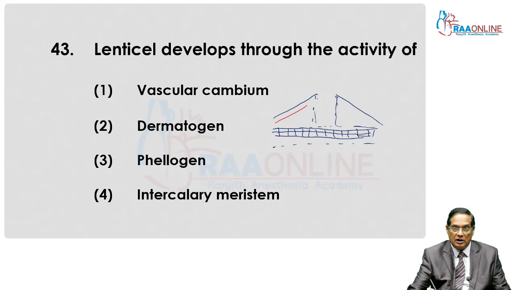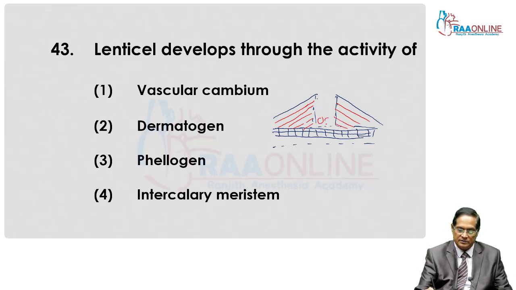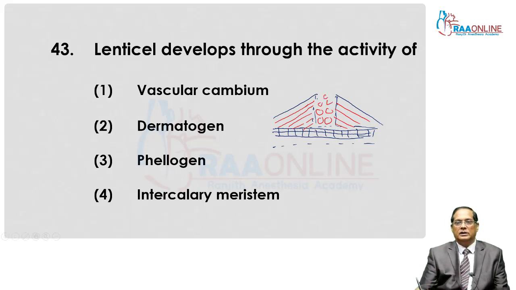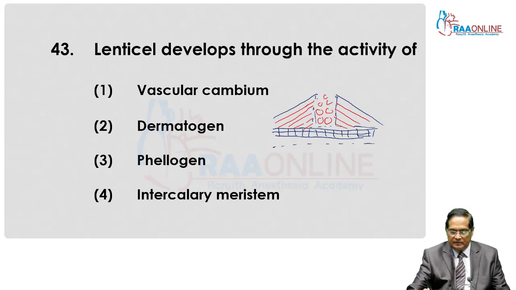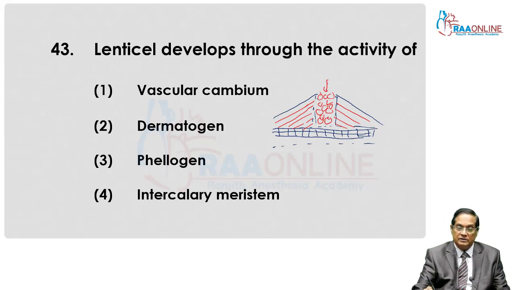So these are all cork, but for some reason, instead of cork, it produces parenchyma, like this one. This is parenchyma in this region. This interruption with parenchymatous cells is known as lenticels.